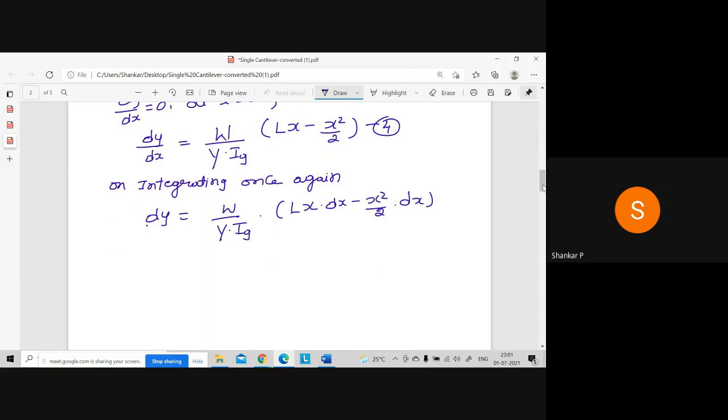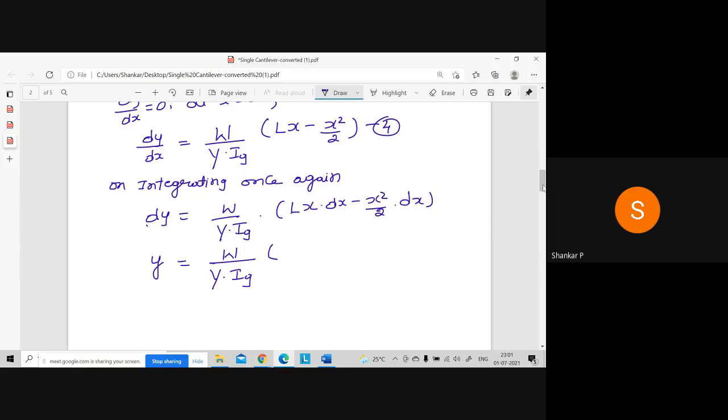Now integrate. Integration of dy is nothing but y, that is small y, that is nothing but depression, w by capital Y, that is Young's modulus. So you need to understand what is small y and what is capital Y. Small y is the depression, capital Y is Young's modulus.